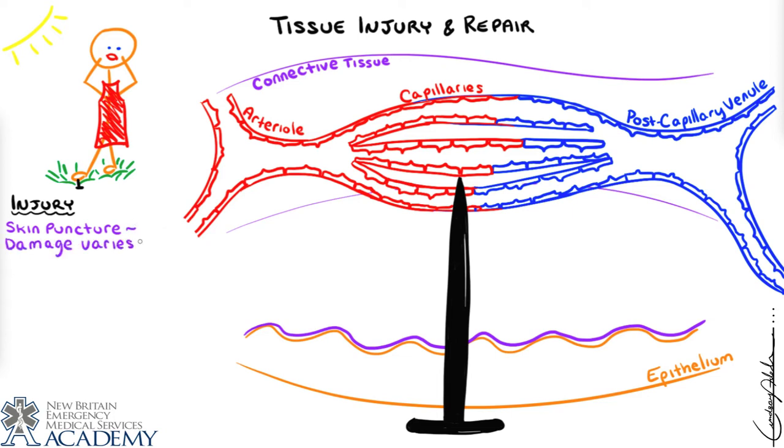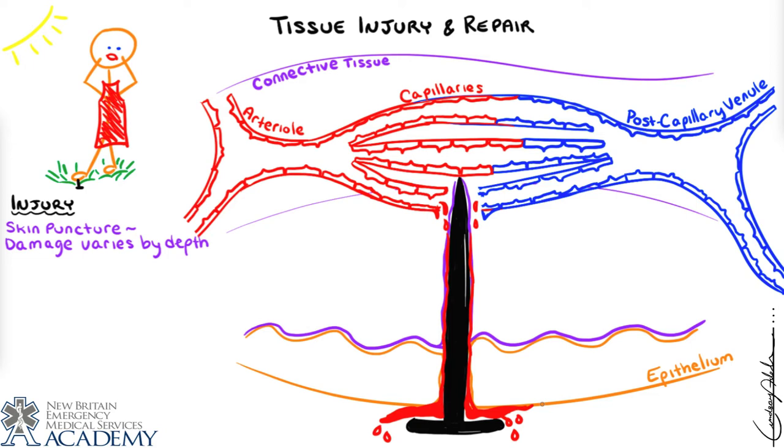In this case, we're deep enough to get some blood release from the capillaries. If we were deeper, we might see other tissue structures that we're not mentioning right now. And if we were less deep, like a simple paper cut that might cut through the epithelium and not really into the connective tissue, we might not get any bleeding. So the depth of the wound is definitely going to affect how badly we're damaged.